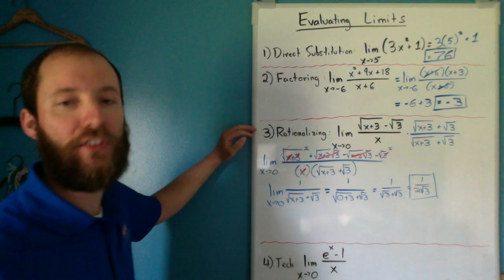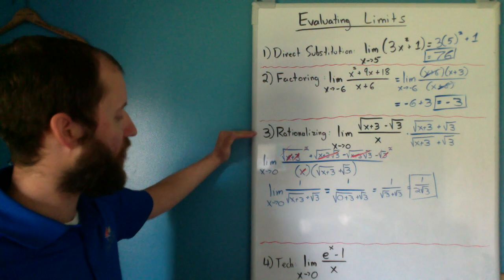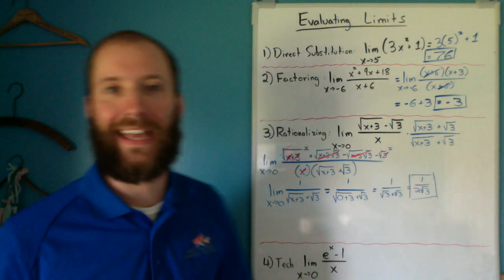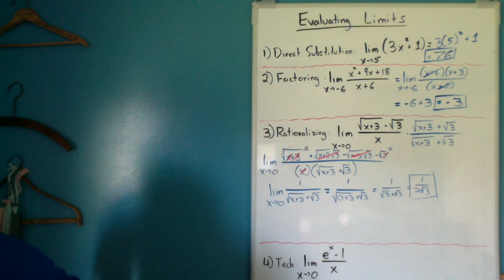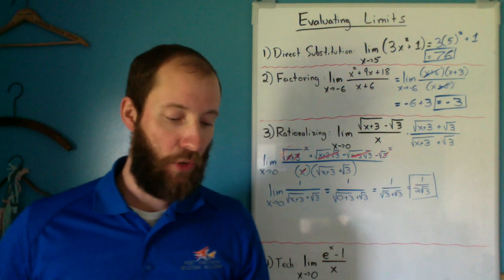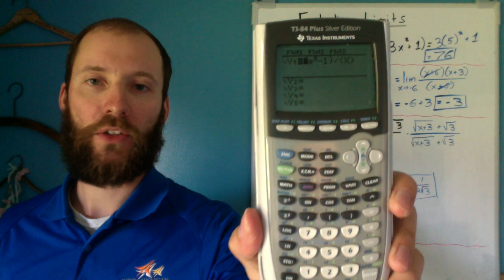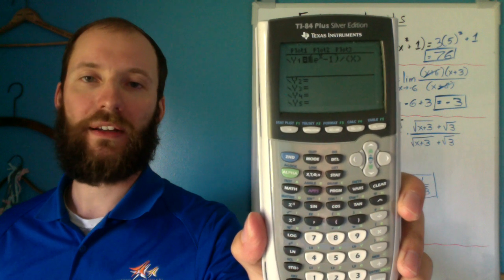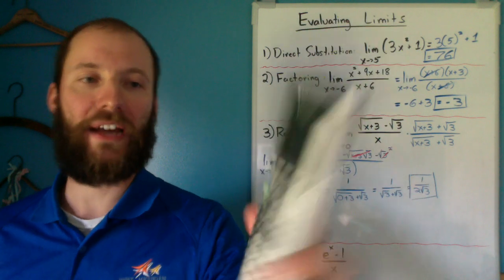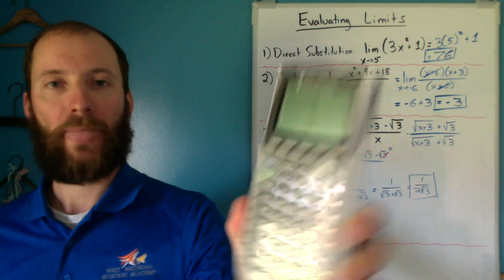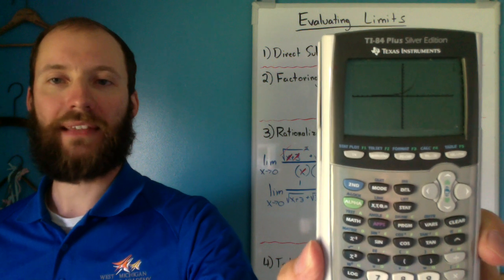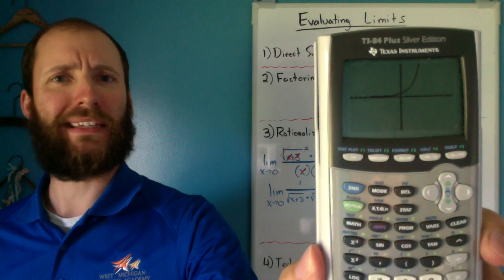If all else fails, we're going to be 21st century citizens and look at technology. Most importantly, a table of values. So I plugged that function into my calculator, e to the x minus 1 over x. I look at a graph and I say, hey, that looks pretty continuous.